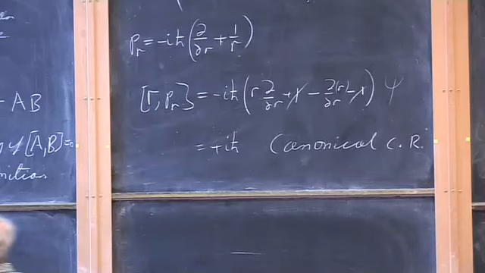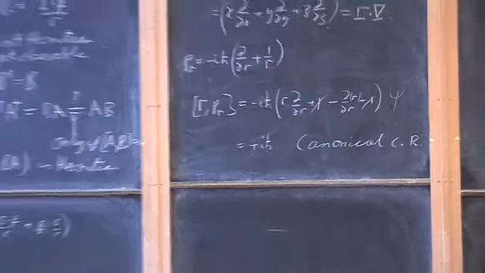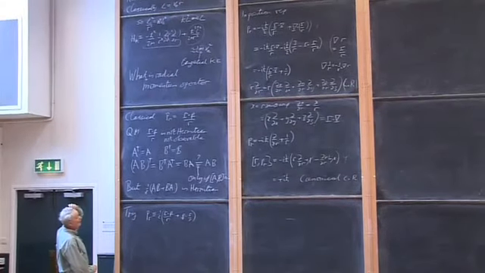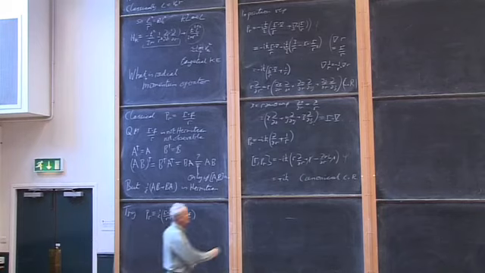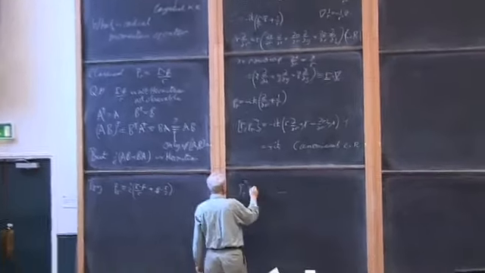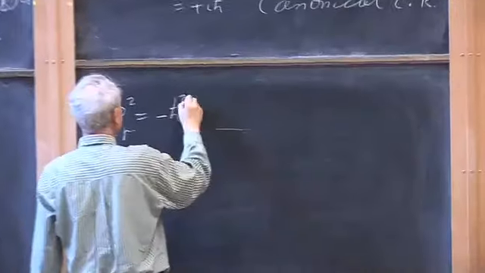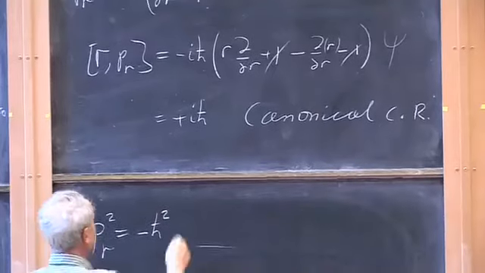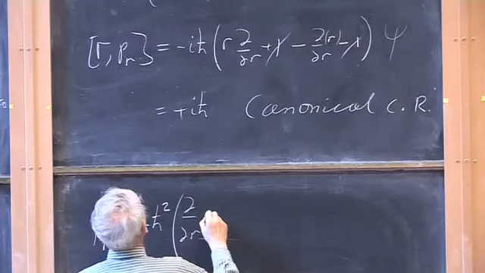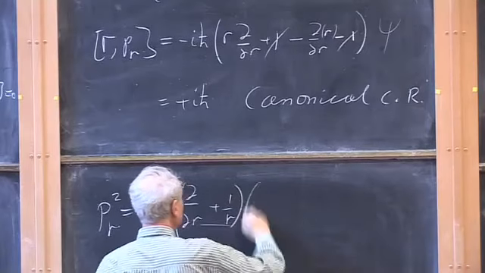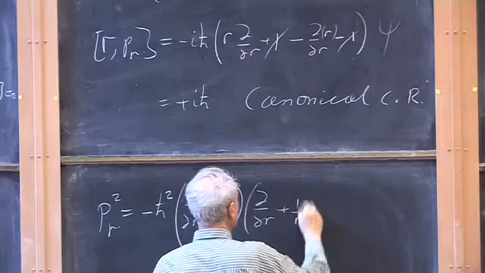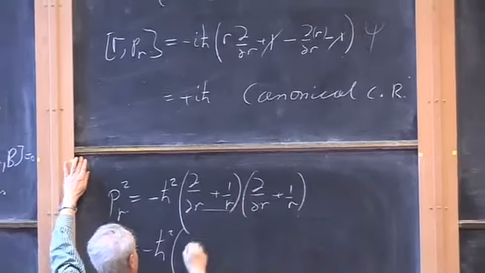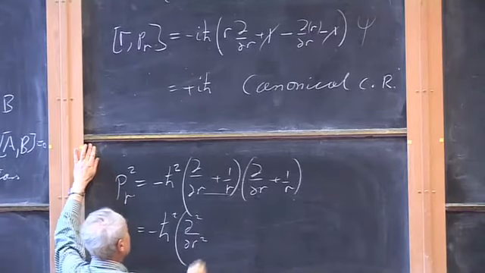Okay, so what are we really trying to do here? We're trying to show that 1 over r squared d by dr of r squared d by dr is essentially PR squared. So let's calculate PR squared. PR squared is going to be minus h bar squared, because there'll be two minus i h bars, and then it's d by dr plus 1 over r brackets d by dr plus 1 over r, which is equal to minus h bar squared. Obviously, this on this is d2 by dr squared.